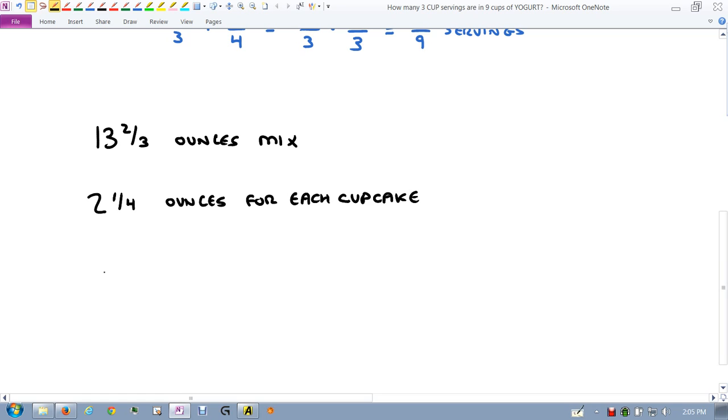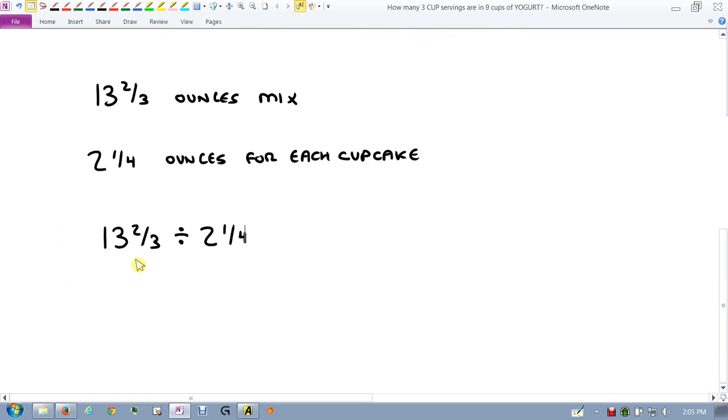So we're going to be dividing 13 2/3 by the 2 1/4. So we first convert these mixed numbers into improper fractions. So 41/3 divided by 9/4.